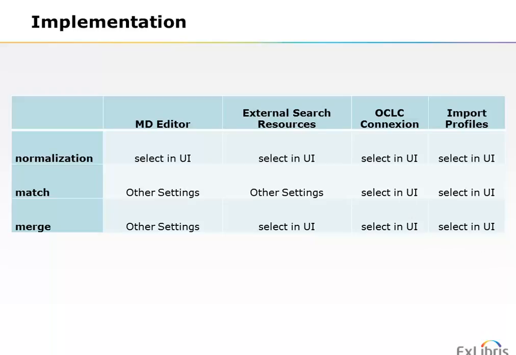However, when using the OCLC connection or importing via profiles, we can select a match method in the user interface. Finally, for the merge methods, when implementing with the metadata editor, we configure that in the Other Settings menu. However, for all three of the other contexts, the import scenarios, we select the merge method from the user interface.